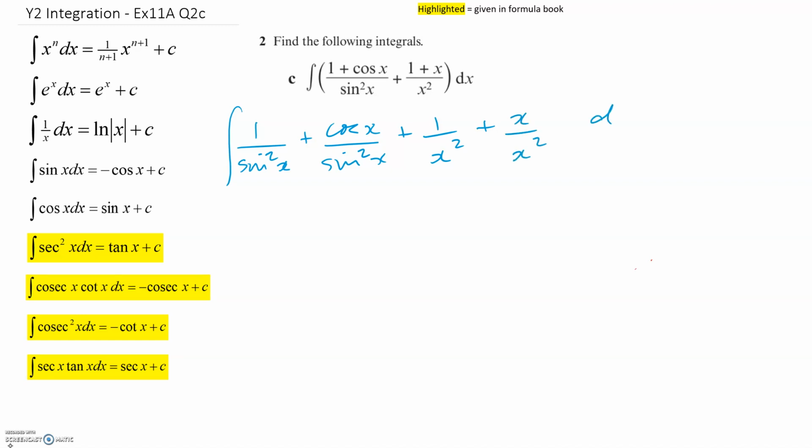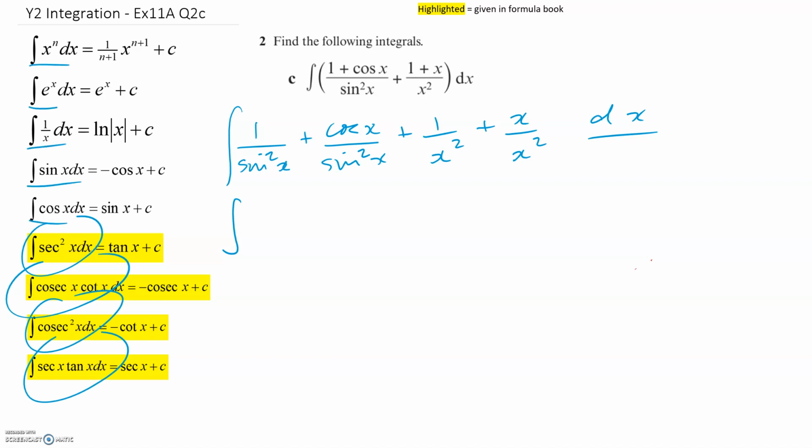Now we haven't integrated anything, so we still need the integral sign on the left and we still need the dx on the right. I would then think to myself, well, if I can get any of these, or these obviously, then they'll be easy to integrate. So 1 over sine squared is cosec squared, which is good news because I know how to integrate that from here.